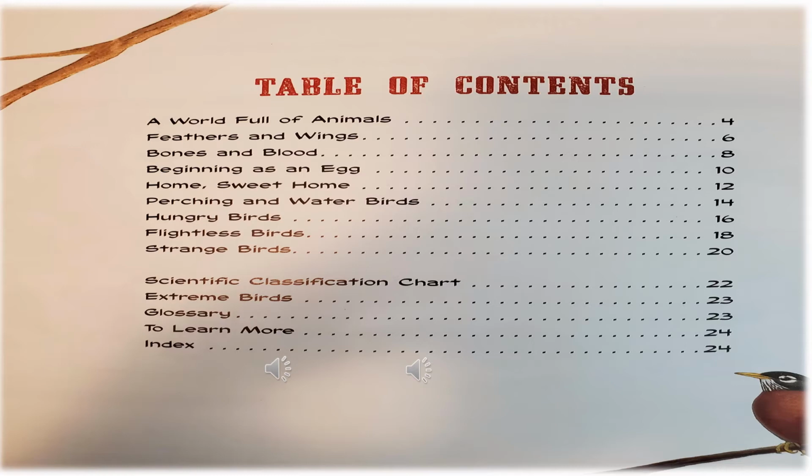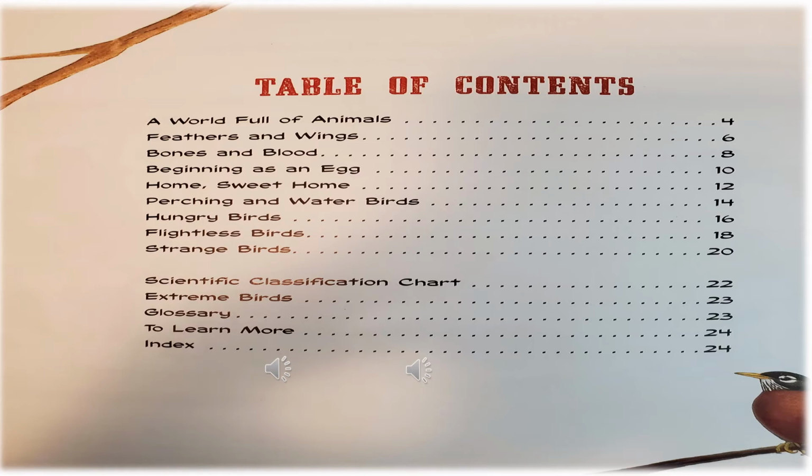So we have a world full of animals, that's found on page 4, feathers and wings, found on page 6, bones and blood, found on page 8, beginning as an egg, found on page 10, home sweet home, on page 12, perching and water birds, page 14, hungry birds, page 16, flightless birds on page 18, strange birds on page 20, and we have the scientific classification chart on page 22, extreme birds on page 23.